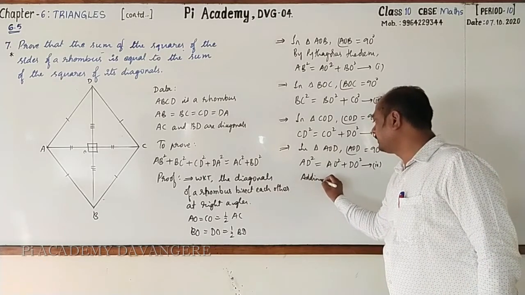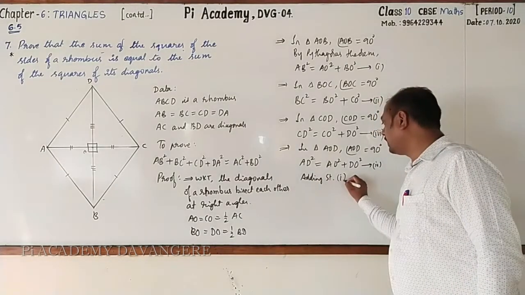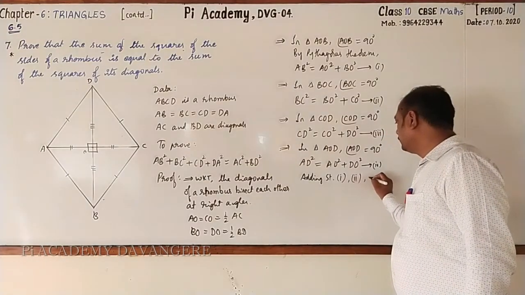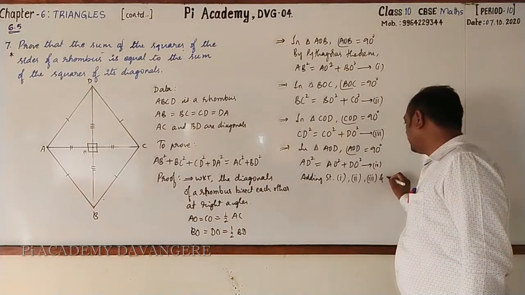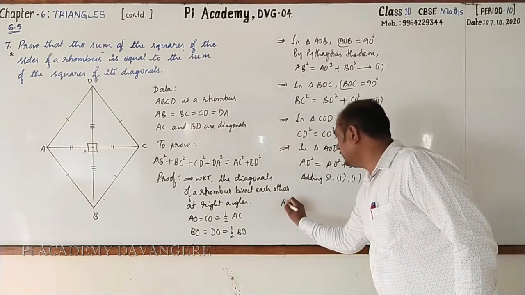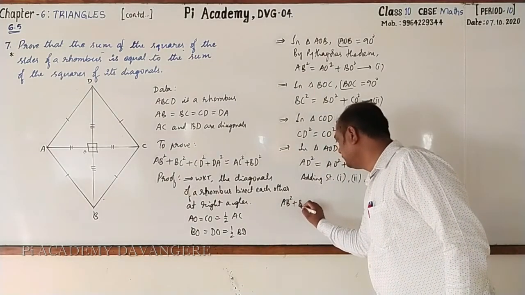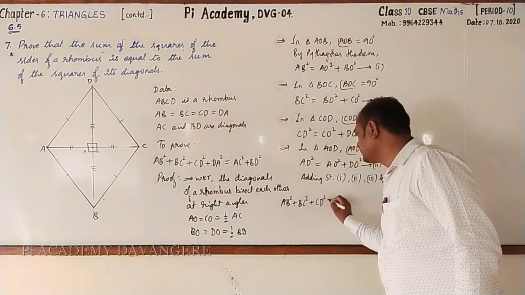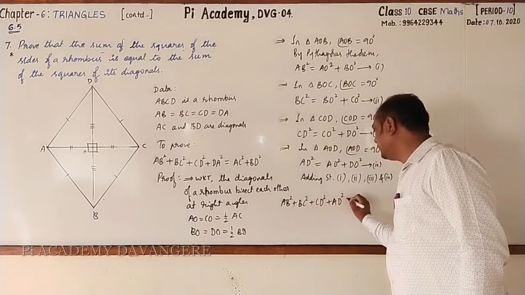Adding statements 1, 2, 3 and 4, we can write AB square plus BC square plus CD square plus AD square.